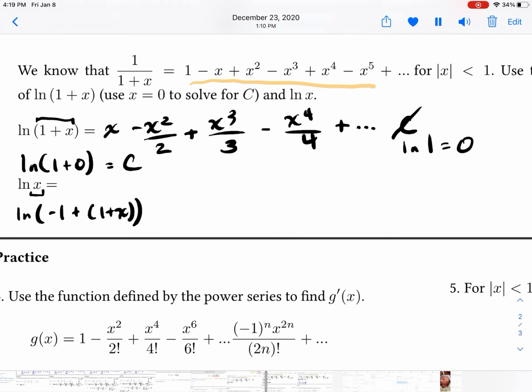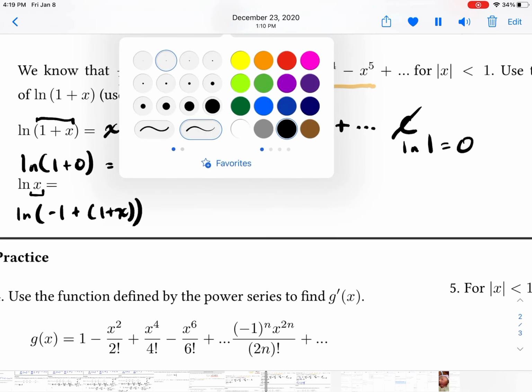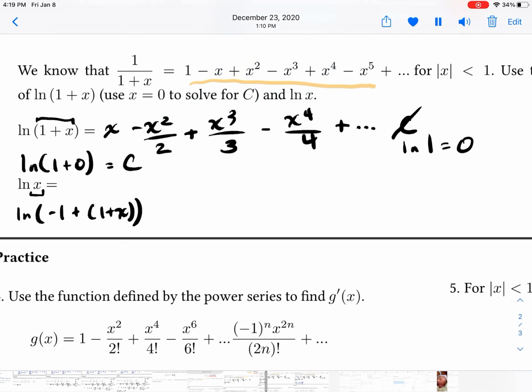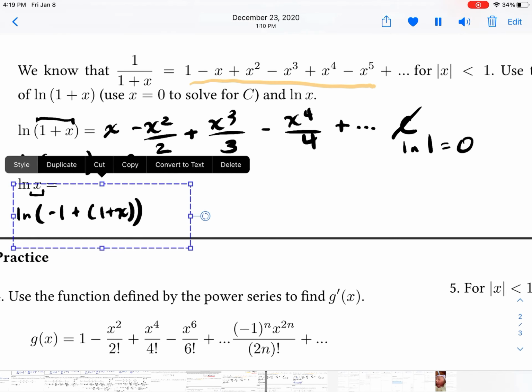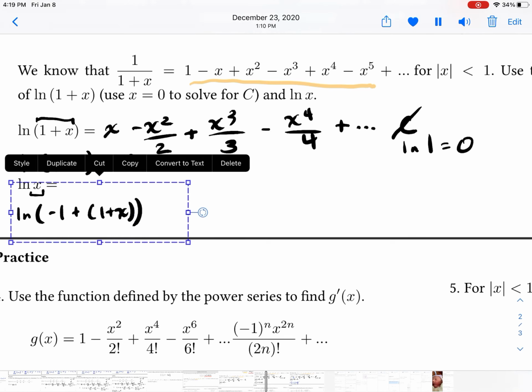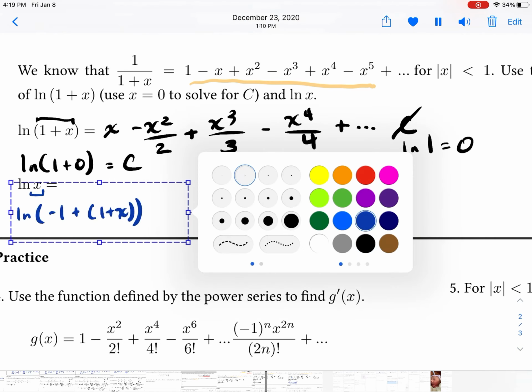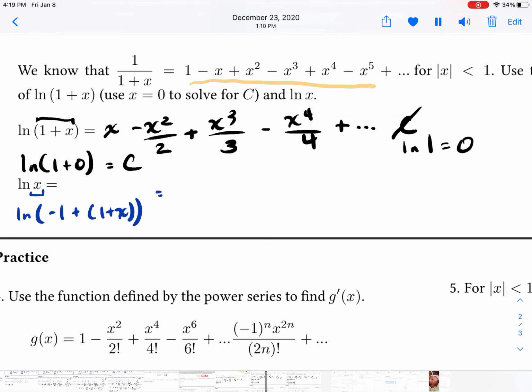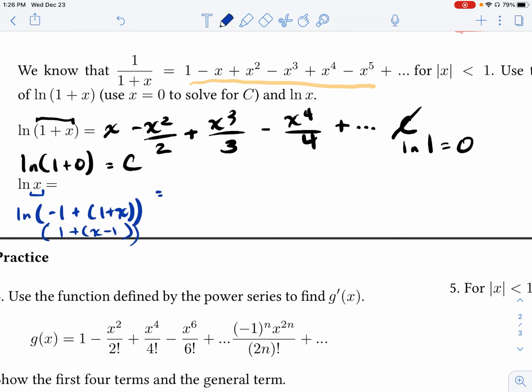So all that means for us is we're going to take the same series that we had before, and we're just going to replace every single one of our arguments with x minus 1. And again, I got x minus 1 by just simplifying here. This would be the same thing as 1 plus x minus 1 if we just rearrange those terms.